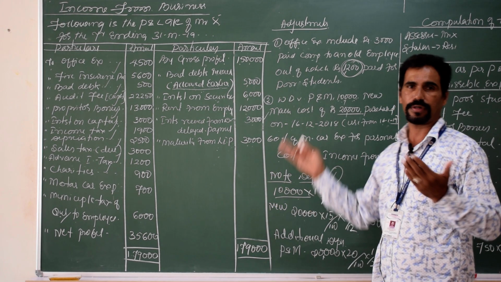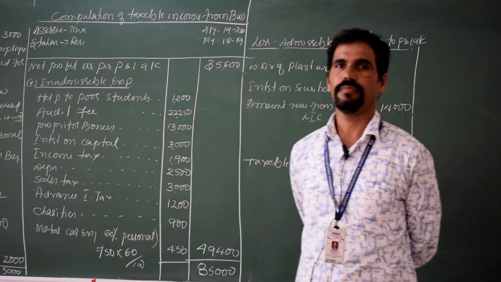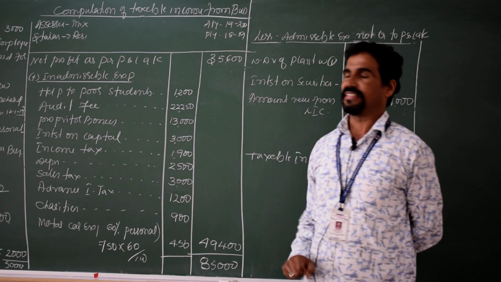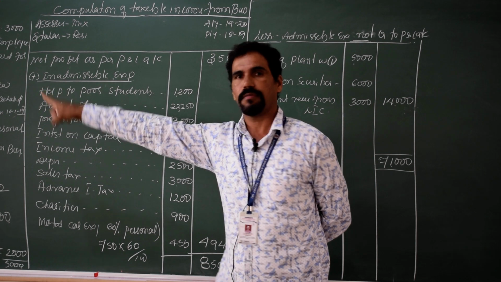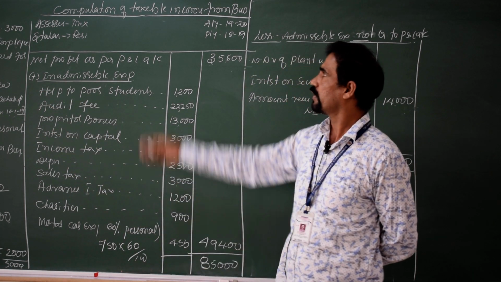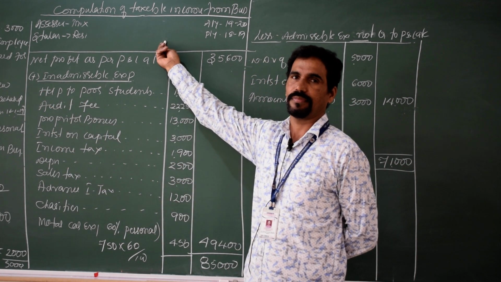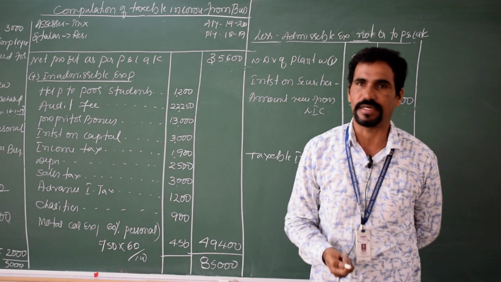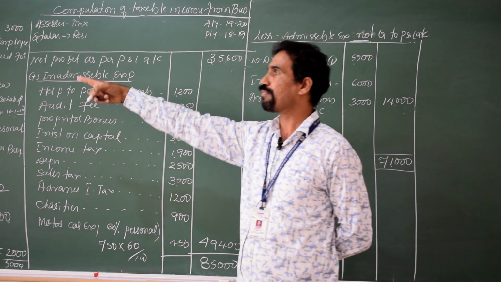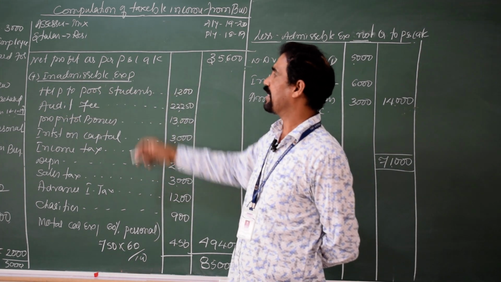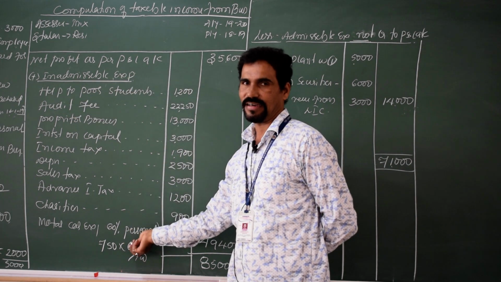So, now we will go for the answer part. Yes, I have already explained the problems with the P&L account, but now we will go for the answer part. How are we going to calculate the answer? In the question part, I note down the particular points and the same points I am going to write in the answer.